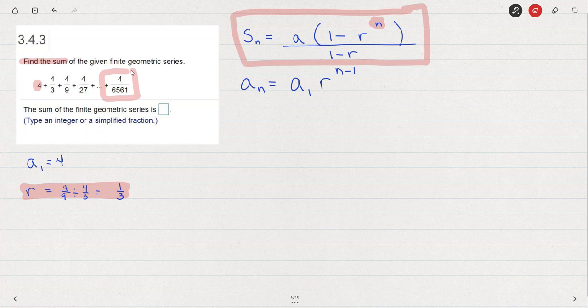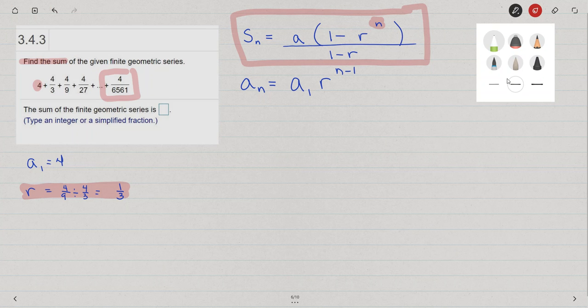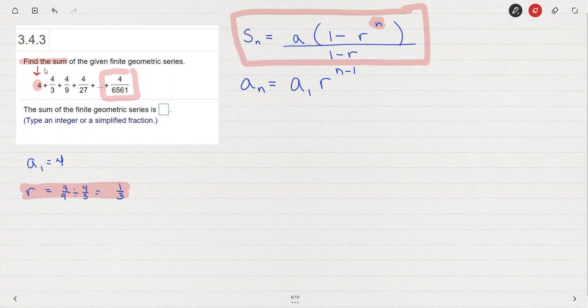So for example, let me switch to a pen here. This 4 is the first term. This 4/3 is the second term. 4/9 is the third term, and so on, right? So we can see what the different terms are, but which n is the 4/6561?